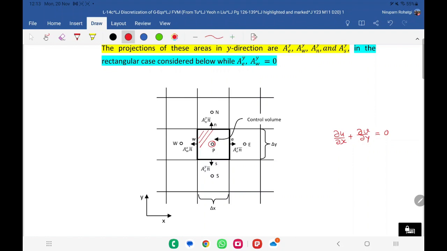So there is a point P. On the east side of it is a point called E. On the north is a point called N. On the south there is a point called S, and on the west there is a point called W. And these are all the centroids of the volumes on that side.